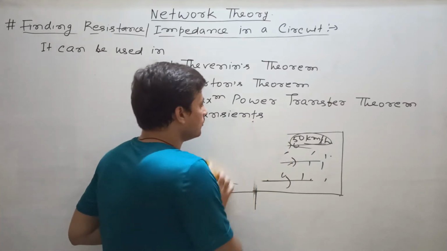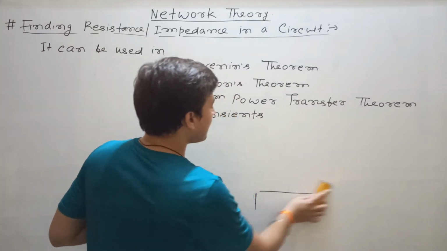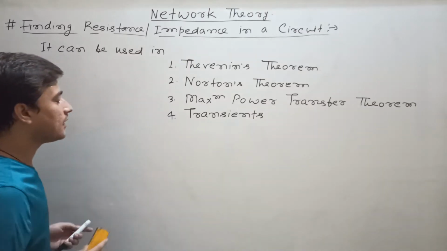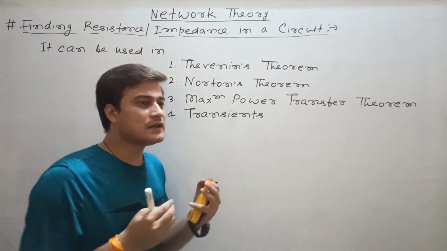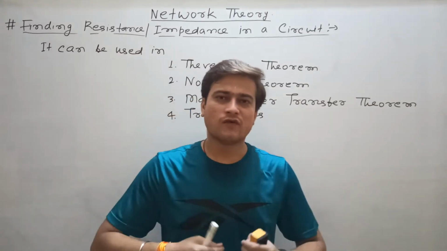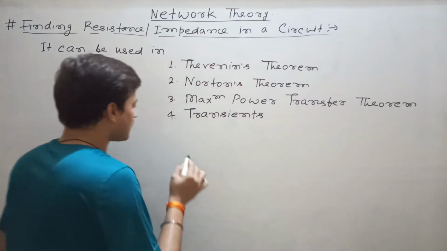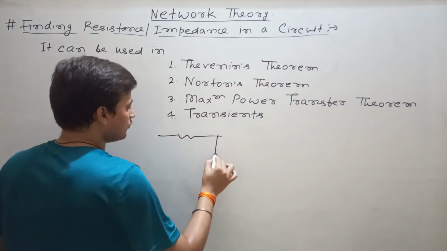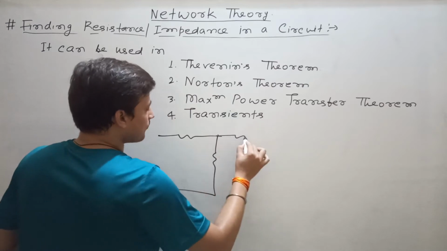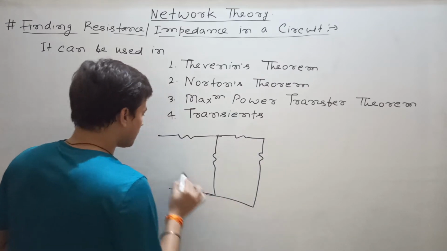Clear? Now here you have to find the equivalent resistance in a circuit. So why do you need to find the resistance of a circuit? See, suppose a complex network is given to you. Clear?